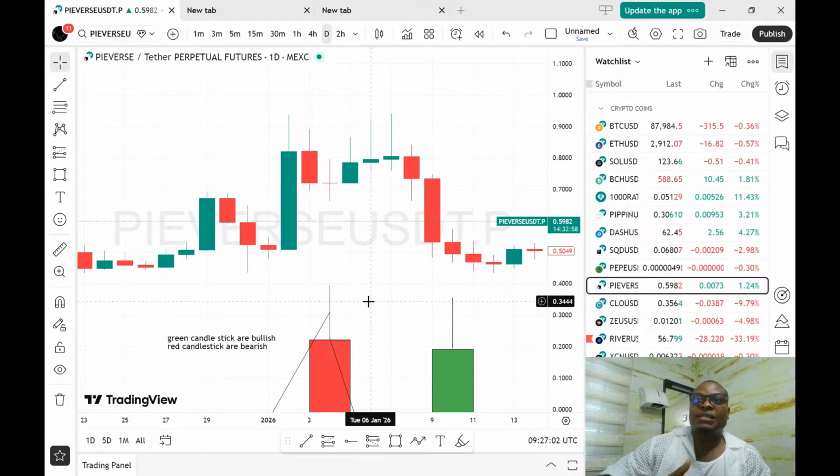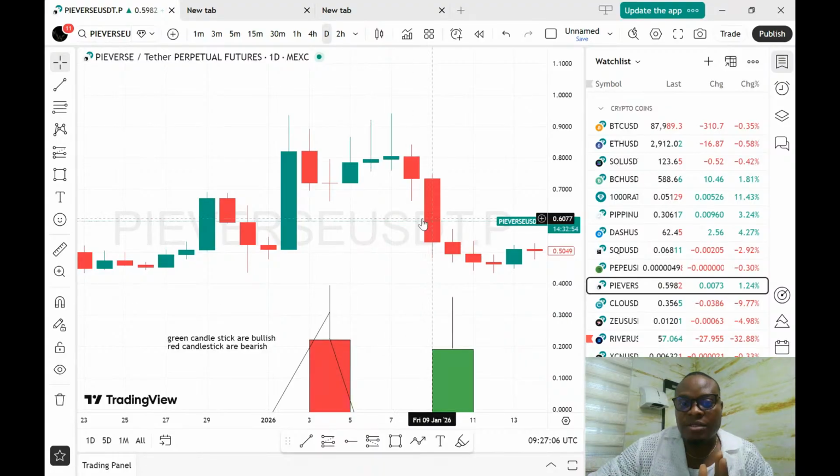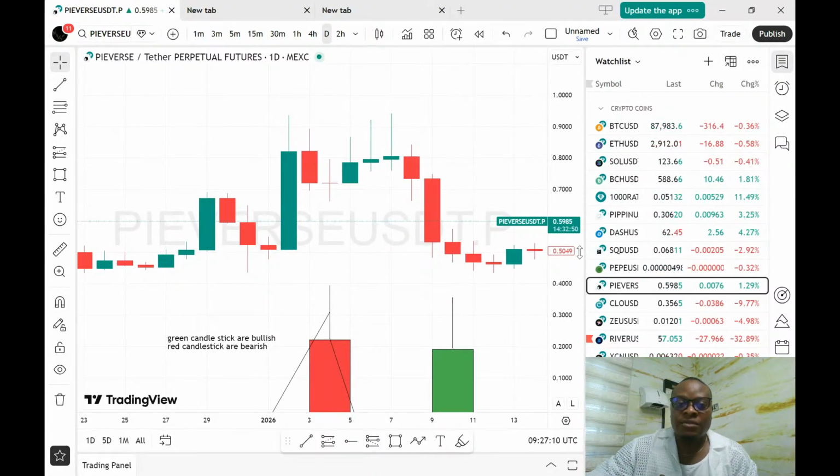Candlesticks are formed at different time frames: 1 second, 1 minute, 3 minutes, 5 minutes, 10 minutes, 15 minutes, 20 minutes, 30 minutes, 1 hour, 4 hours, 1 day, 1 week, 1 month, 1 year. All candlesticks are formed on individual time frames.